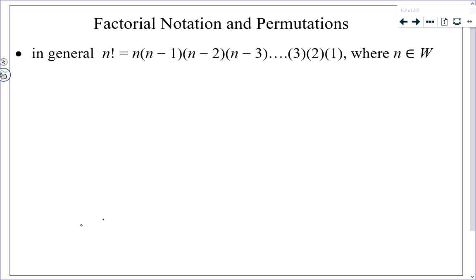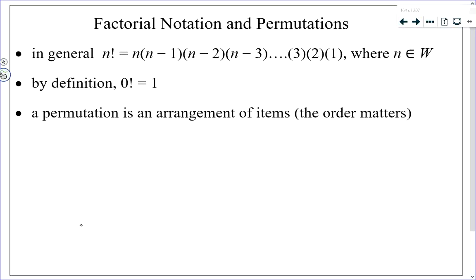You have numerous examples that we've done in this lesson and in the review handout that involve the simplification of something like n factorial over n minus 2 factorial. By the way, n factorial over n minus 2 factorial simplifies to n times n minus 1. By definition, 0 factorial is 1.